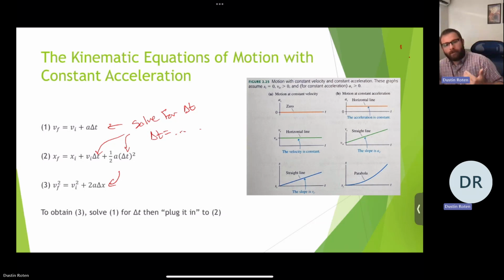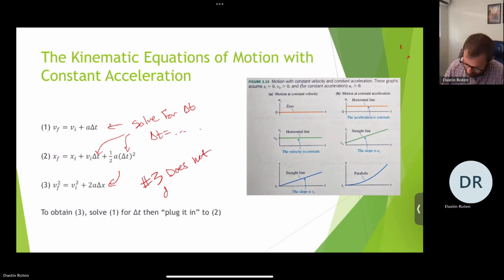So the cool thing about number three here is that it does not depend on time, which is very helpful because sometimes you don't know how long something's been moving, but you can ignore that time parameter and still do calculations without knowing how long something took.